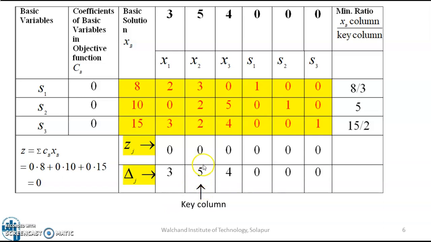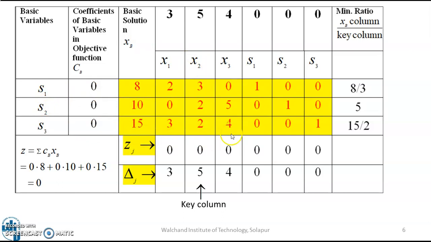Therefore, the column associated with this entry is called the key column, and the variable associated with this column is x2. Therefore, this x2 is our incoming variable. It means this x2 will enter somewhere here. Okay, x2 will take the position of s1 or s2 or s3.